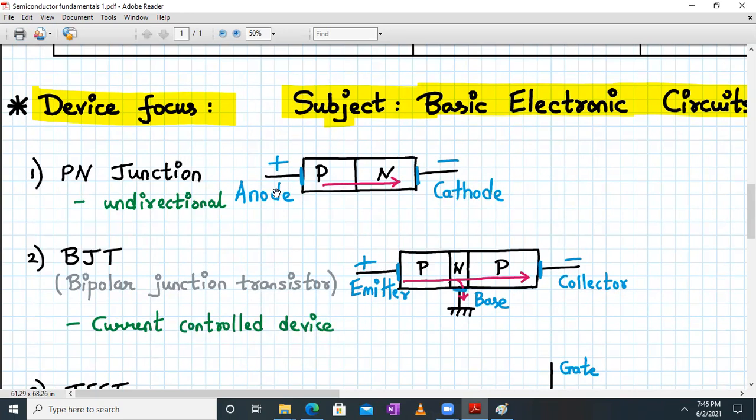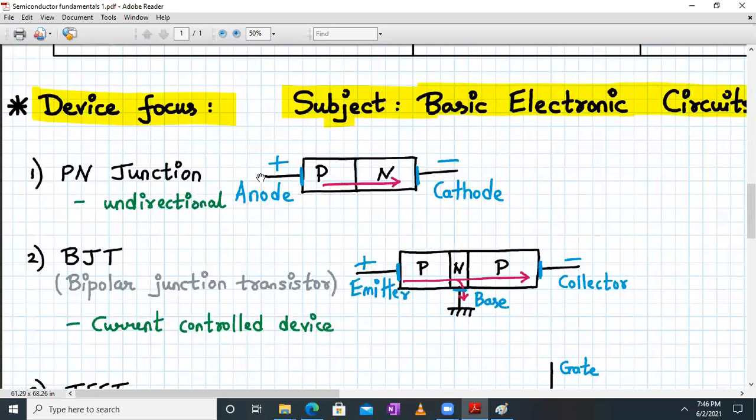That means the current will always flow from anode to cathode, not the other way around; it will block current flow in the other direction. The PN junction has a very wide range of applications. It can be used in clipper and clamper circuits, and as a Zener diode it can be used as a voltage regulator.